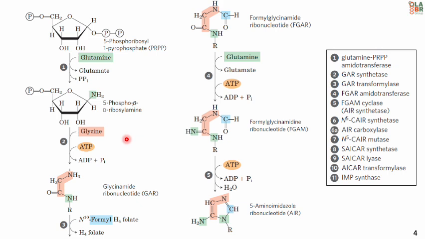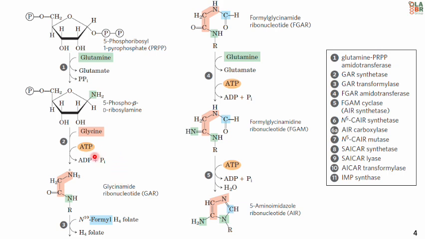The second step over here is the addition of 3 atoms from glycine. So we're going to take our wonderful friend glycine, donate 3 atoms. You also have ATP, so you need to input energy to actually get this going. So again, you're going to release ADP plus a Pi over there. So the ATP is consumed to activate the glycine carboxyl group in the form of an acyl phosphate.